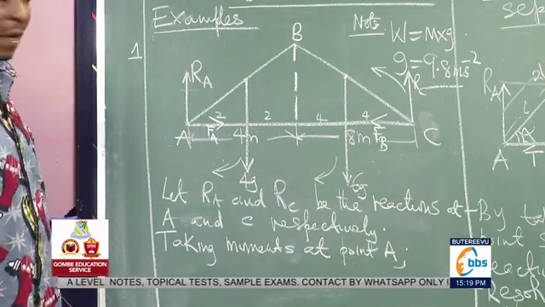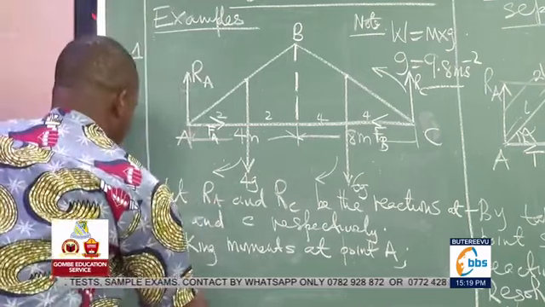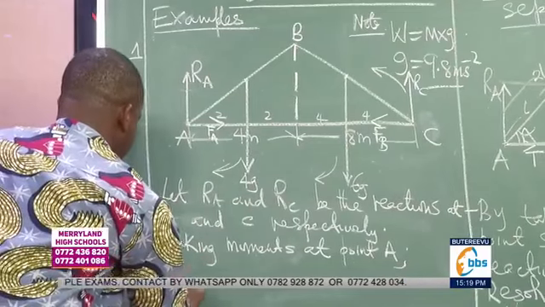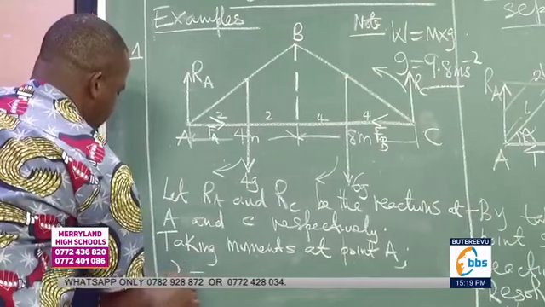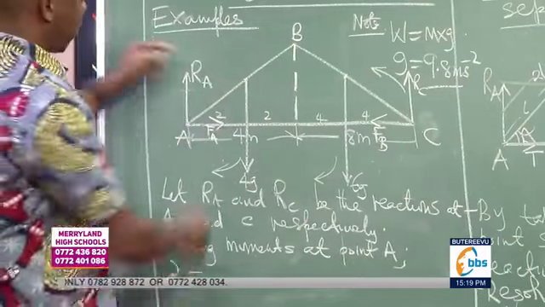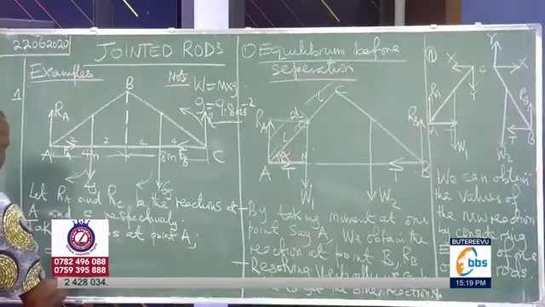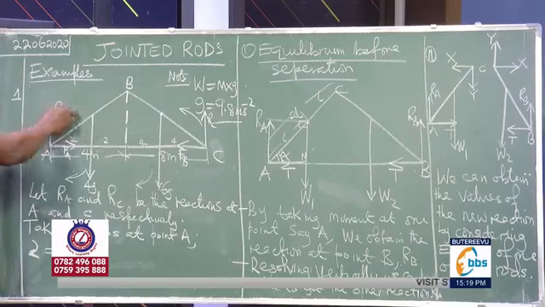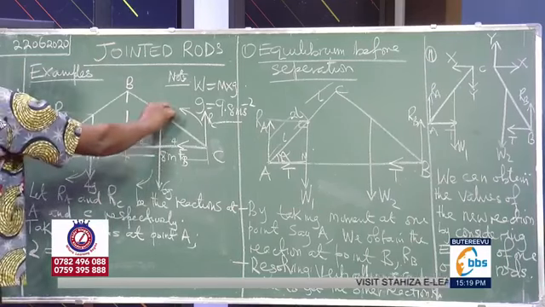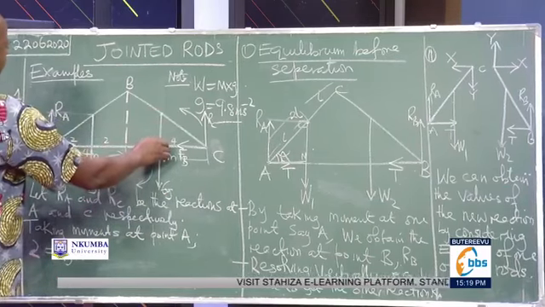If I take clockwise moments alone, resolving towards A in the clockwise direction, 4 will have a perpendicular distance of 2. I'll have 4G times 2. The distance for the 6 gram will be starting from here up to there.